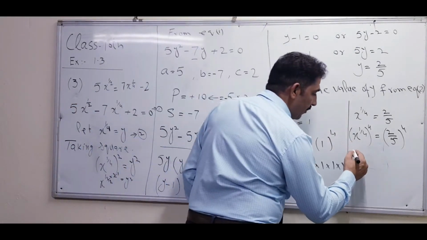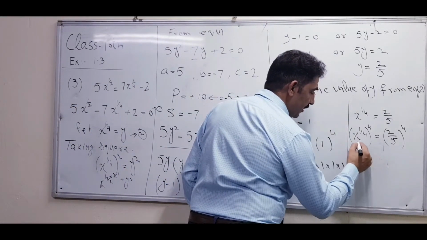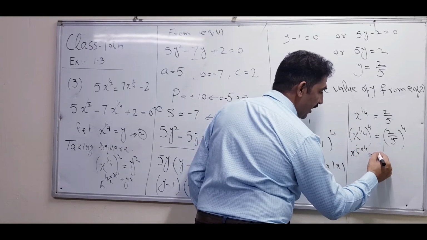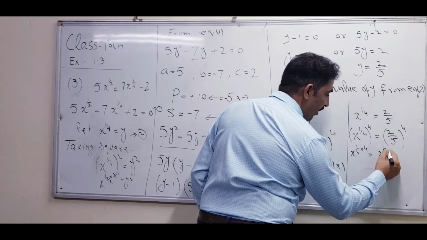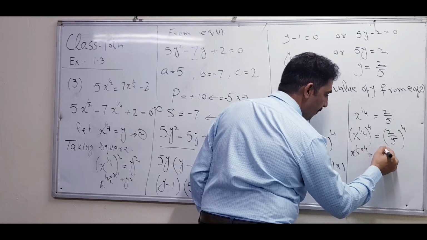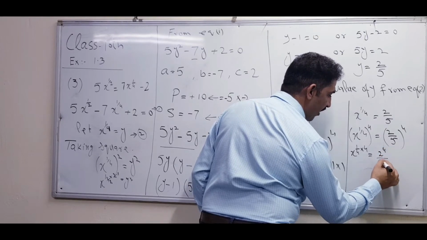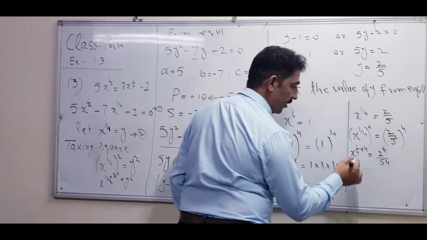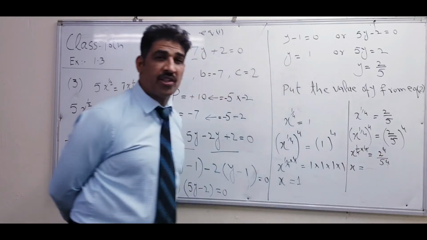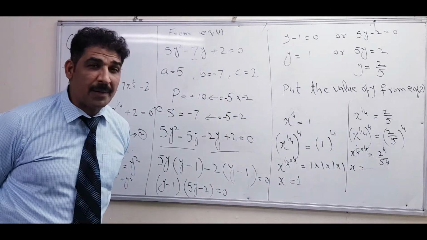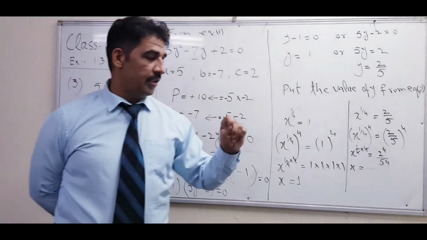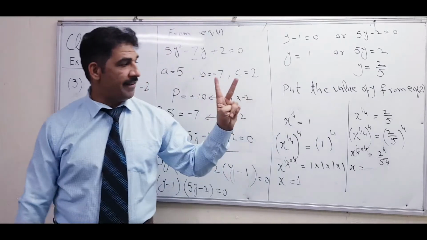उसके बाद क्या हो गया बेटा? x 1 over 4 multiply by 4. Here 2 exponent 4 and 5 exponent also 4. 4 से cancel, so x is equal to 2 exponent 4, which means multiplying itself how many times? 4 times. So 2 2s are 4, power 2 हो गई.